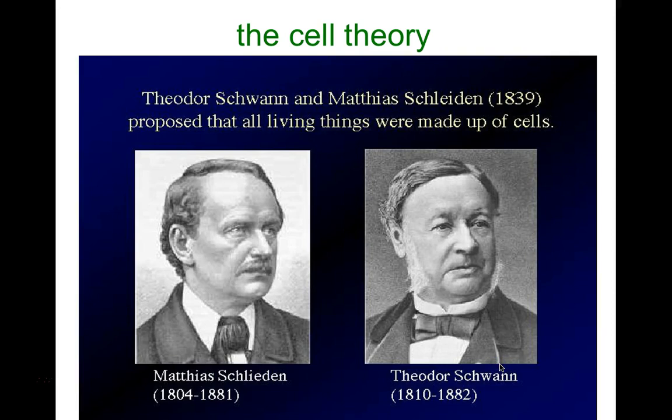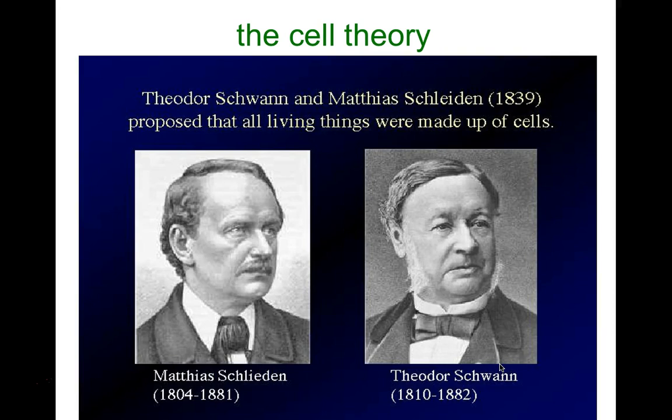We jump forward about 150 years, and we have lots of scientists who of course are using microscopes and using other structures to study these tiny little things that we can find in plants, animals, fungi, and even drops of pond water.